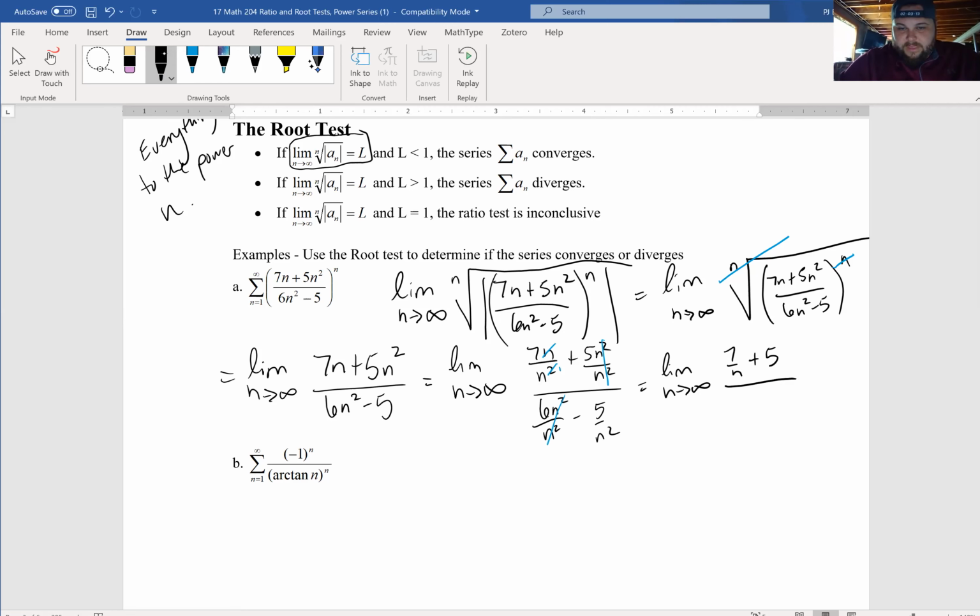And then when applying the limit, anything that's divided by n to a positive power will head towards 0. So we get 5/6. That's less than 1. Therefore, a sub n converges by root test.